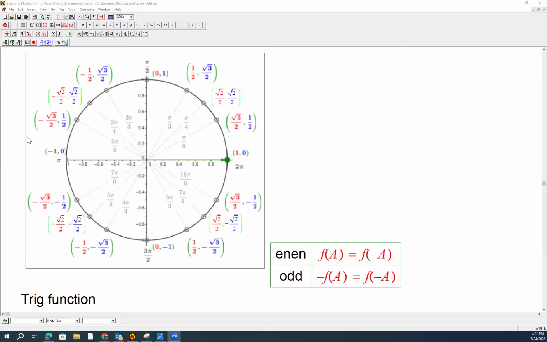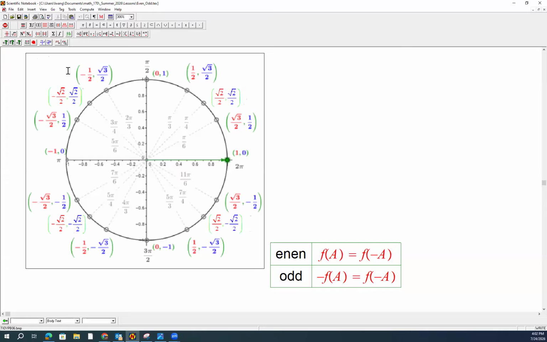Suppose that I'm going to measure the angle. Now the angles are opposite, right? Suppose that we're looking at the sine function. The functions we're going to look at are sine and cosine, but first look at sine.